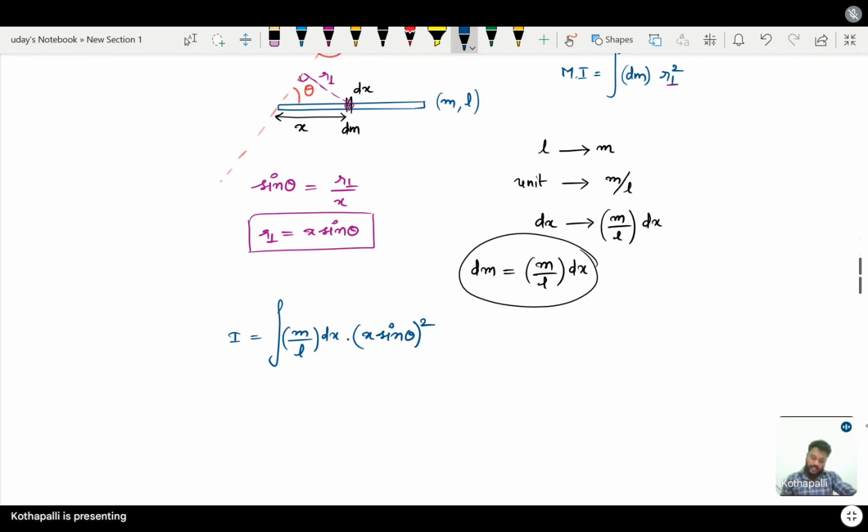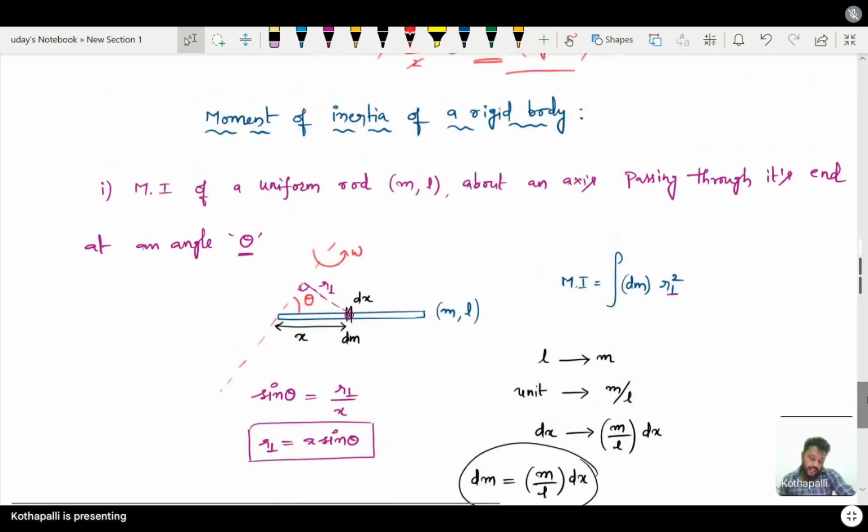Okay, so if you see this, m by L is constant, and also sine square theta, because theta is constant, so sine square theta will also be constant. The integral is of x square dx, from starting limit 0 to ending limit L. Look at the diagram.